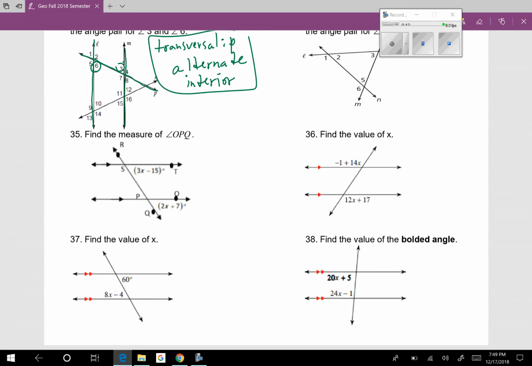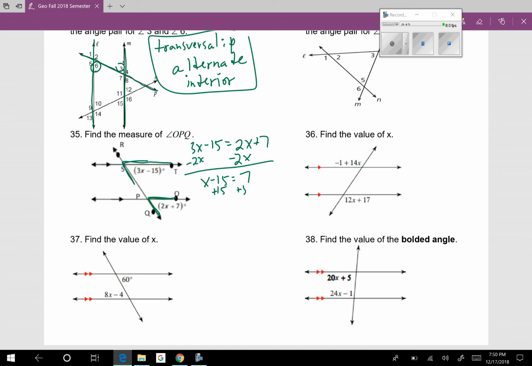35. Find the measure of OPQ. OPQ is that angle right there, and we can see it's a corresponding angle with TSP. So 3x minus 15 is equal to 2x plus 7. So take away 2x on both sides. So we get x minus 15 is equal to 7.